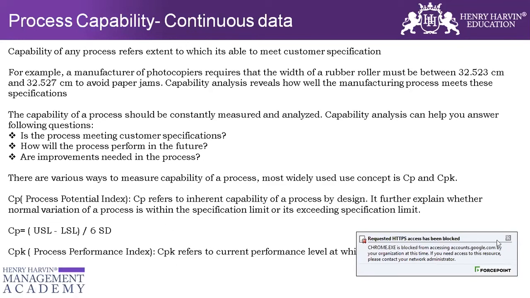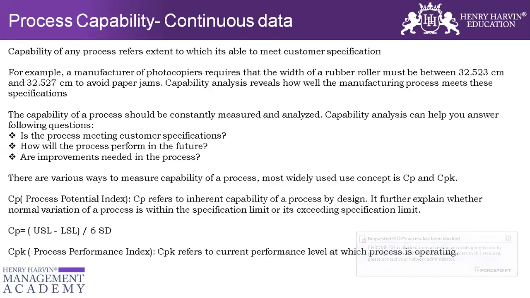So this is what CP is, and another thing is called CPK. CPK talks about the process performance index, which refers to the current performance at which my process is operating.